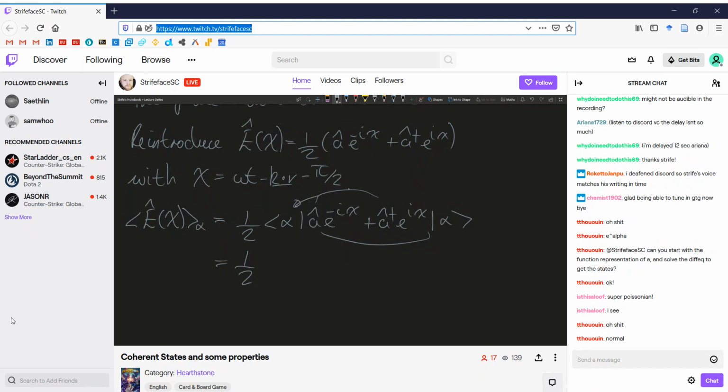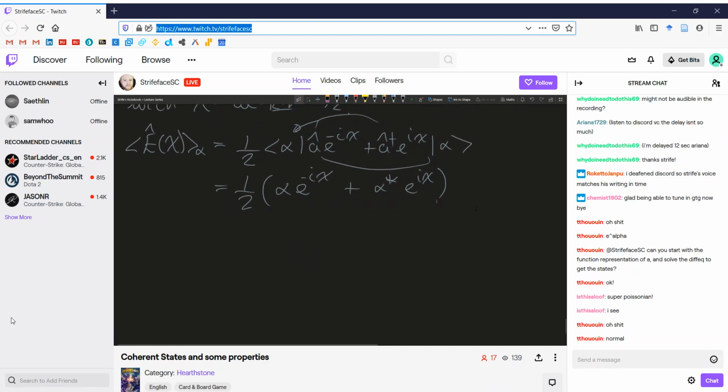Now we're going to do a wee bit of trickery here just to actually show what this state represents. We're going to let alpha equal mod alpha e to the i theta, and alpha star equal mod alpha e to the minus i theta.